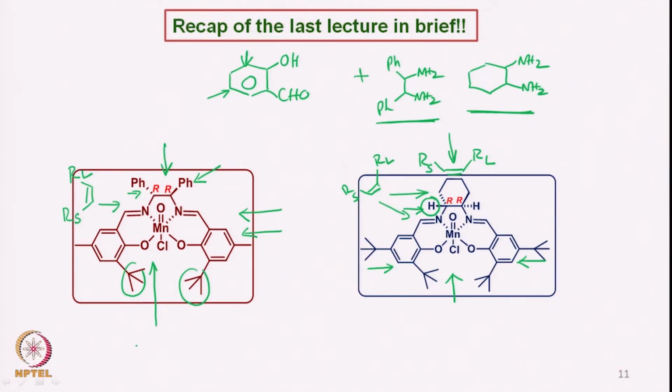So we saw how these epoxidations take place which are not dependent on the requirement that there should be a hydroxy group in the vicinity of the olefin, and therefore it is a very important reaction.